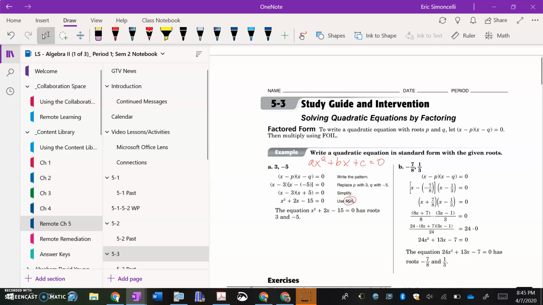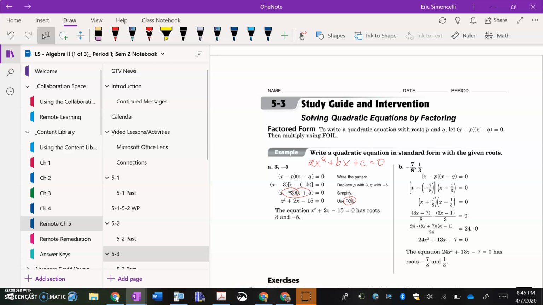If you remember FOIL, which stands for first, outside, inside, last, will require us to take the first terms, x times x. Those two terms multiplied will yield x squared. Outside would then be what? X times 5, which is 5x. Inside will be -3 times x, so -3x. 5x minus 3x, because those are like terms, those subtract out to give us 2x.